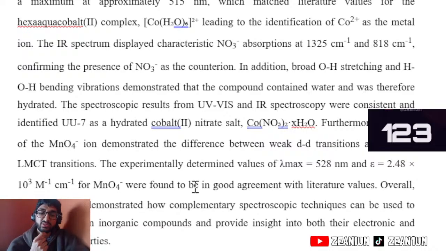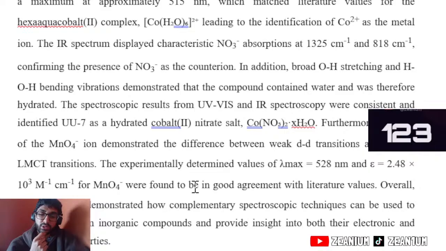Furthermore, analysis of the permanganate ion demonstrated the difference between weak d-d transitions and intense LMCT transitions. The experimentally determined values of lambda max was 528 nanometers and epsilon 2400 for permanganate, which were found to be in good agreement with literature values.